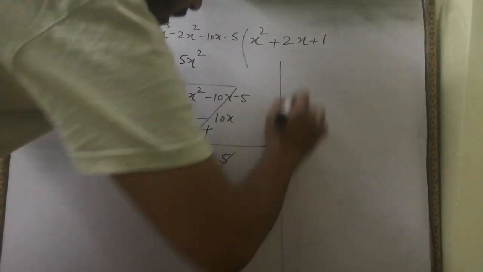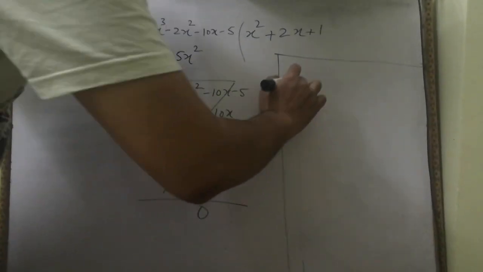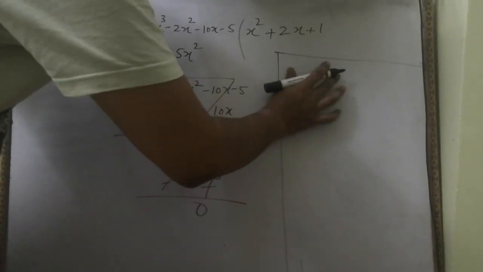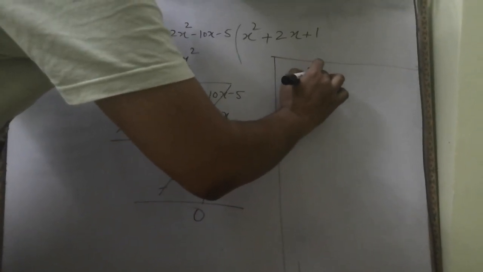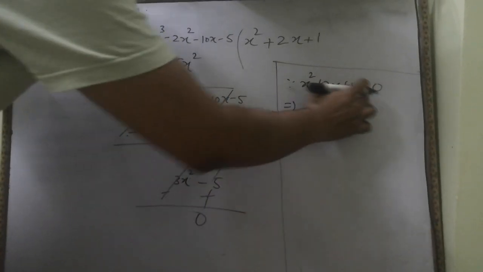After this we will factorize this polynomial and get the other zeros. So first, x square plus 2x plus 1 is equal to 0. We will use middle term splitting.